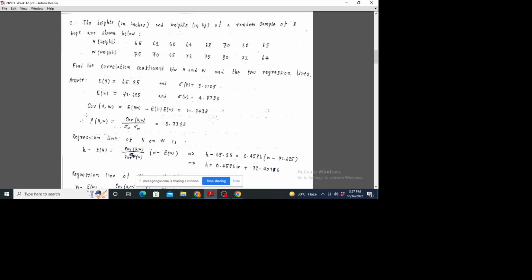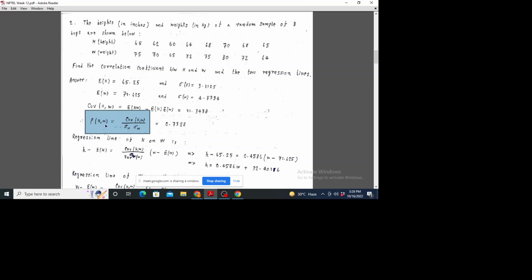So what is the equation of correlation coefficient? So this expectation value, how did you come to 65.25? Okay, I will explain. Let us first understand what we actually need to find the correlation coefficient and the two regression lines.